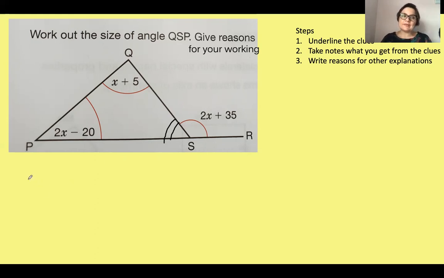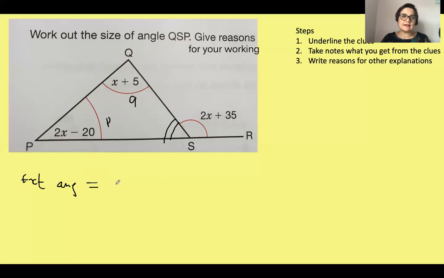One exterior angle in a triangle is the same as the sum of the two opposite interior angles. Let's label this one lowercase p, and this one lowercase q.